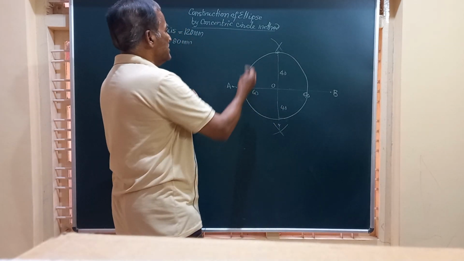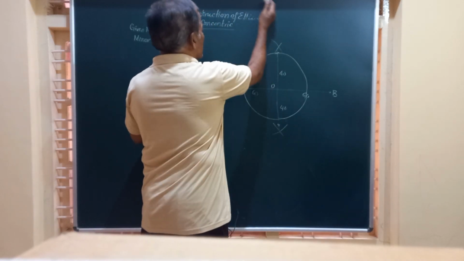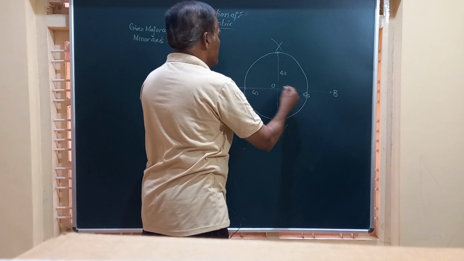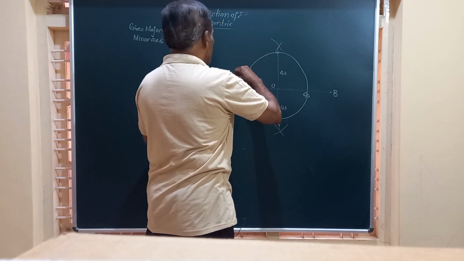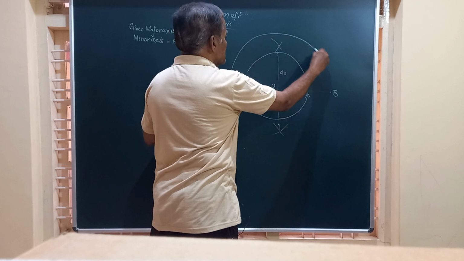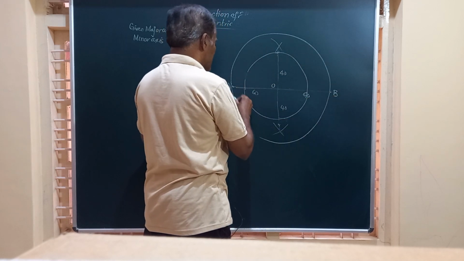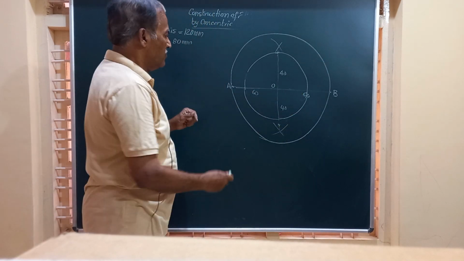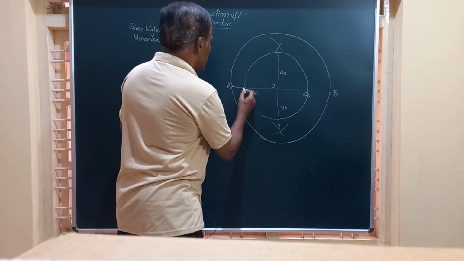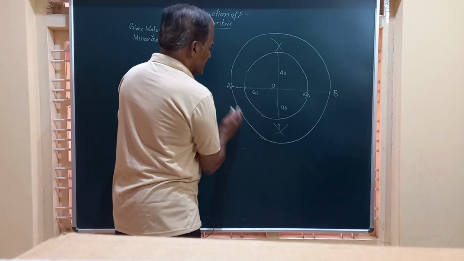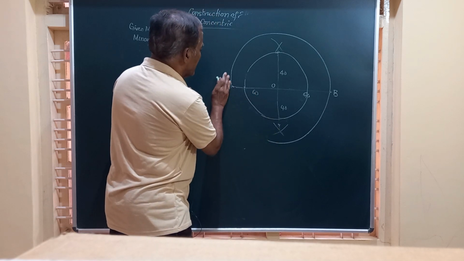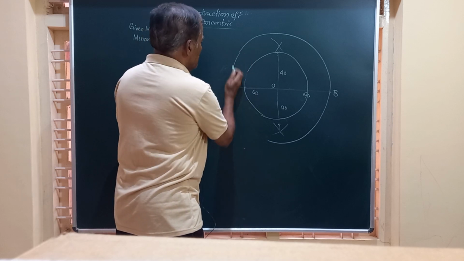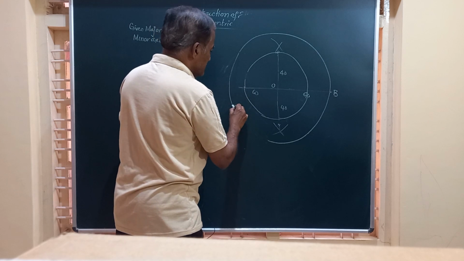And similarly, friends, we have to have one more circle passing through A and B with diameter AB. So friends, I am going to draw one more circle passing through these. This is having a diameter of 120, and the smaller one is having a diameter of 80, so we have to draw this neatly.